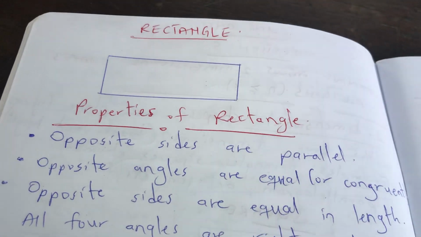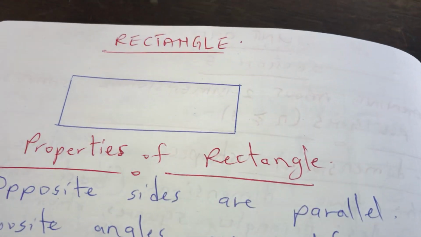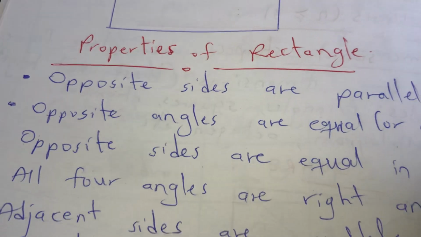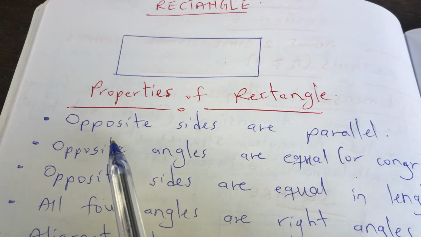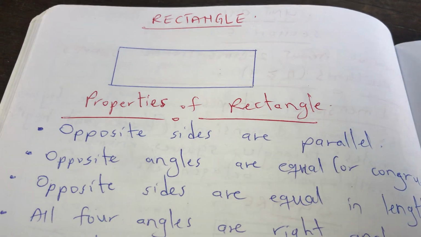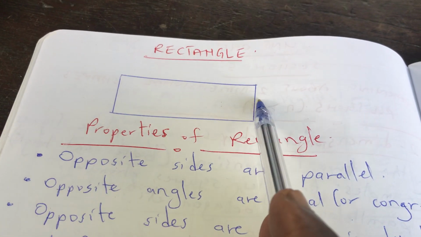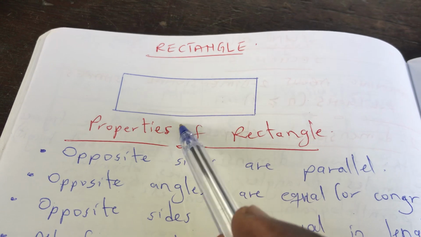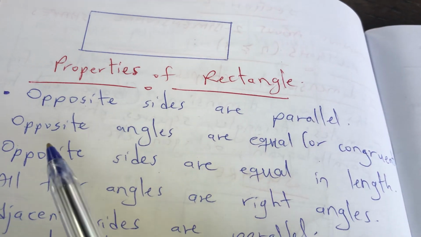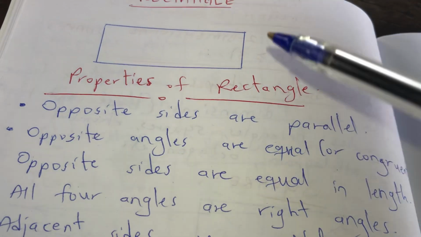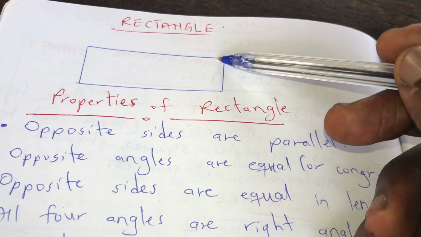Now let's take another two-dimensional shape, the rectangle. What are some of its properties? Opposite sides are parallel, as we said in the square. This side and this side are parallel, and this side and this side are also parallel. Then opposite angles are equal. What are the opposite angles?